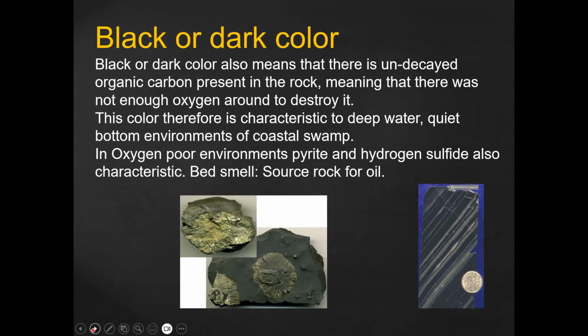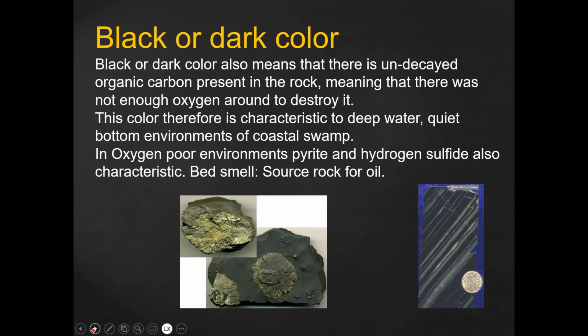I'm going to go through a little bit more detail. When your rock is black or dark color, that means there is no oxygen in the depositional environment, and a lot of the time it also means that there will be a lot of undecayed organic carbon.